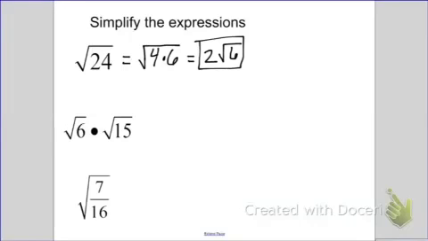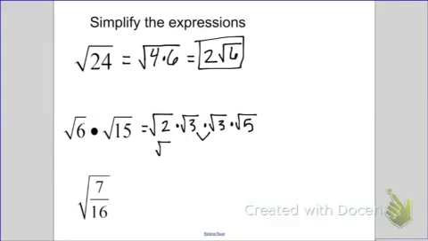Let's take a look at the next one. We could go ahead and multiply these together, or we could just split them up as I see them. So let's see, I have a square root of 2, a square root of 3, that's the 6. I also have a square root of 3 for the 15 times a square root of 5. And these two guys right here are going to make 9.